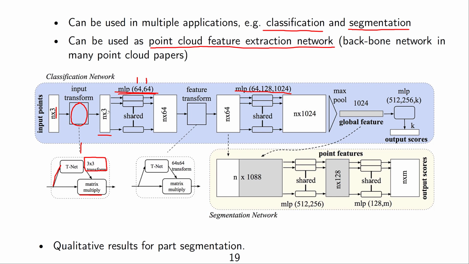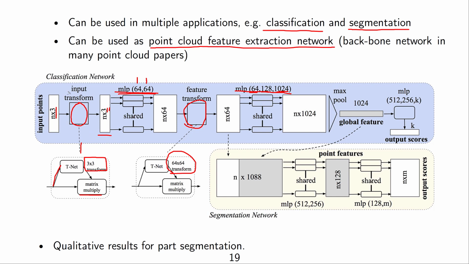So we start with 3 dimensions as input, then we have 64, then 64 here, and then over there again 64, and then it grows to 128 and 1024. But this whole MLP is broken up by yet another spatial transformer block in the middle here, where again the network aligns all the points, and this time the alignment is done with a 64 by 64 dimensional matrix.